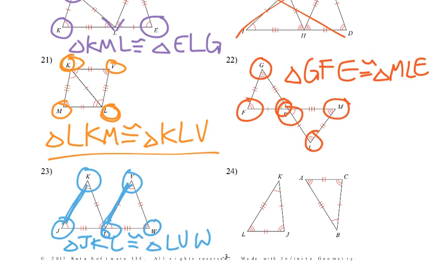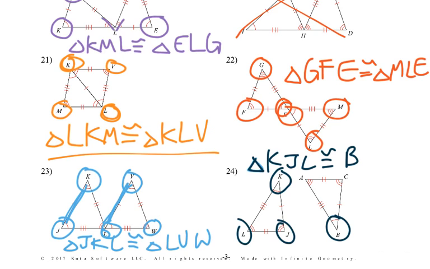Last one in this section. So triangle K, J, L is congruent to triangle B, C, A. And there's our triangle names.